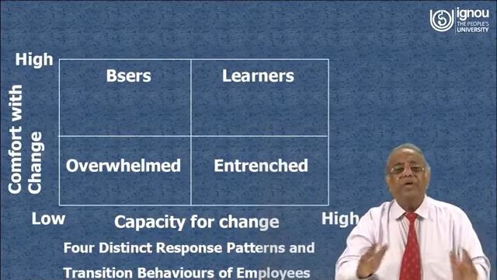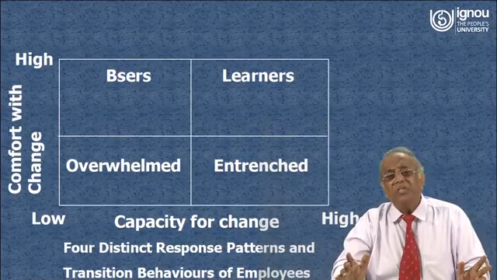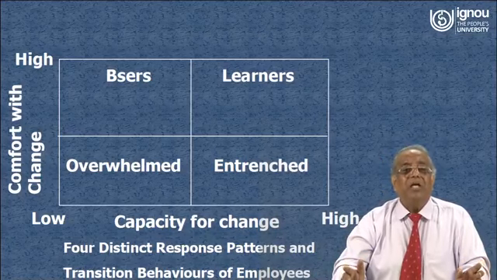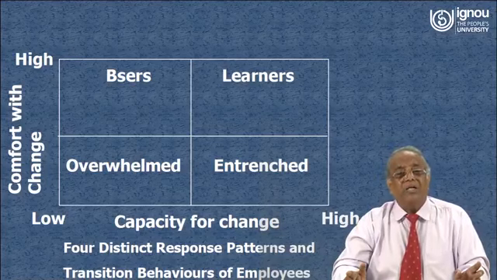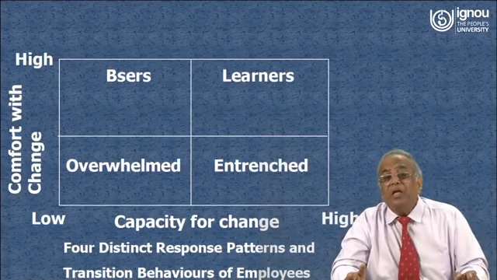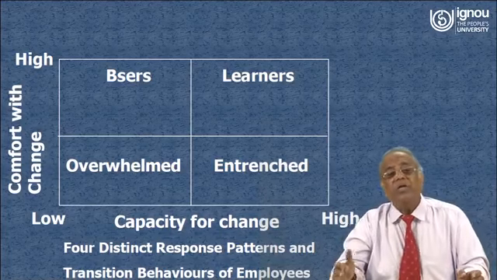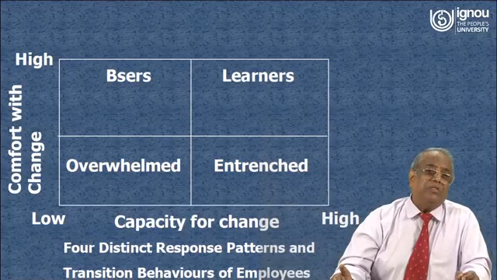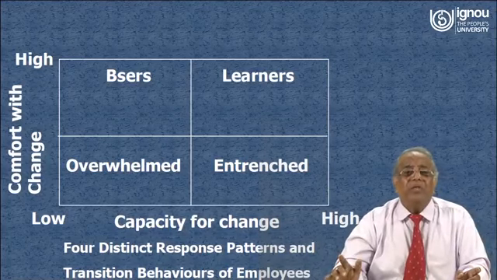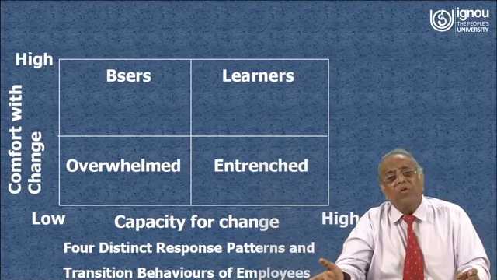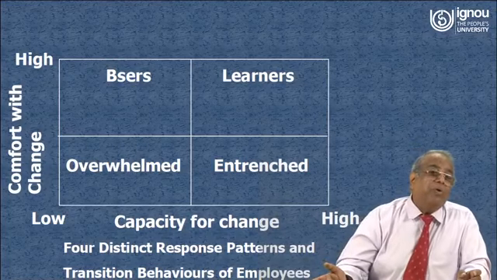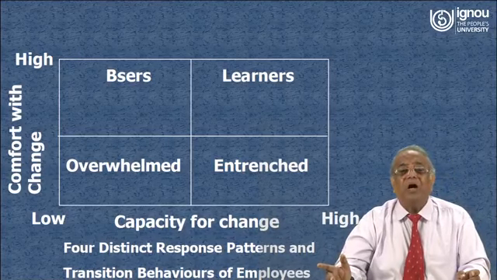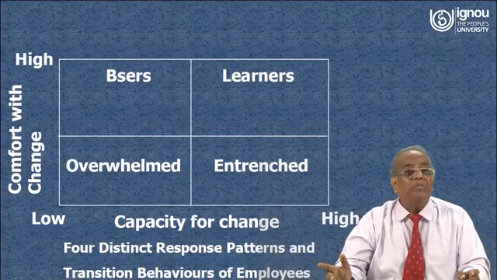Now, these are depicted in this diagram, the 4 distinct response patterns and transition behaviors of employees. See, the horizontal axis depicts capacity for change, which may be extremely low or extremely high, and the vertical axis shows comfort with change. If the capacity for change is low and comfort with change is also low, then those employees' behaviors are known as overwhelmed.